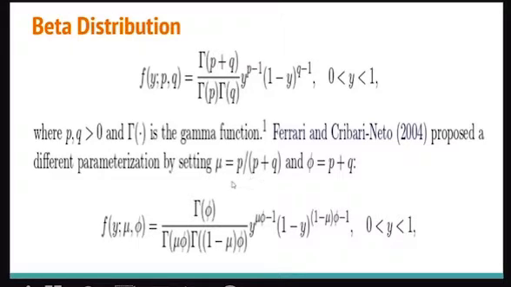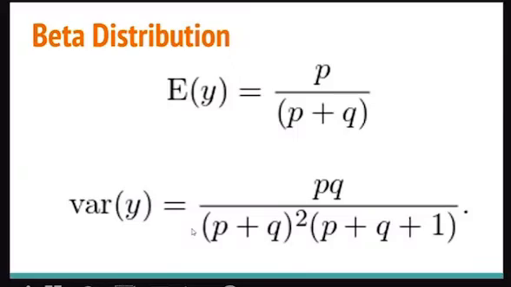We are using the mean of the response variable y, which is P over P plus Q. Anywhere you see P over P plus Q, we plug in mu, and everywhere we see P plus Q, we plug in phi. This is what we have now. We now have new parameters. What are they? We have mu and phi. Those are the two new parameters.